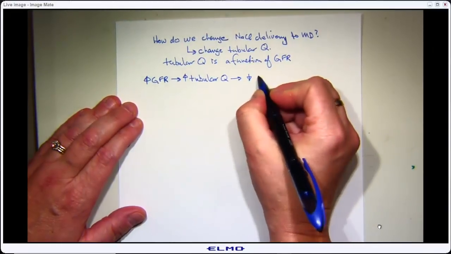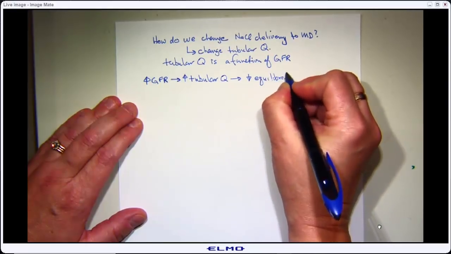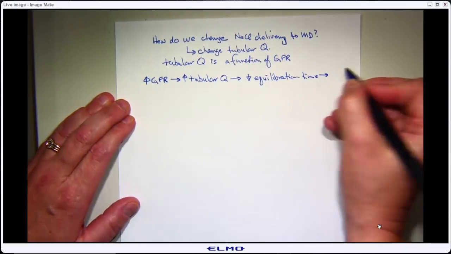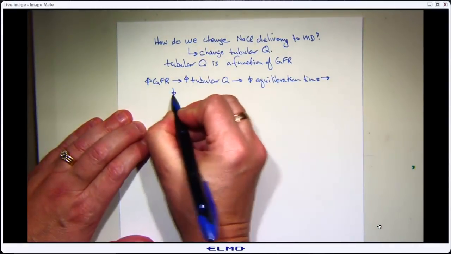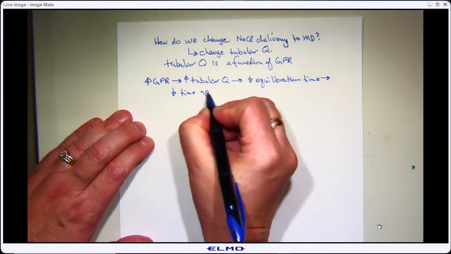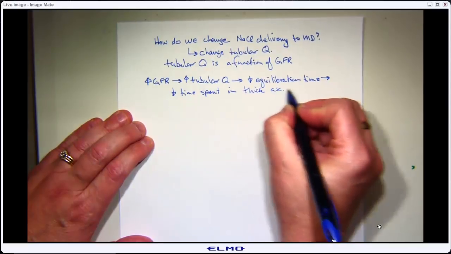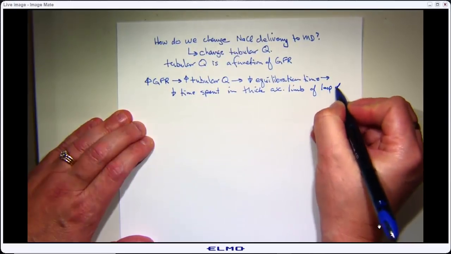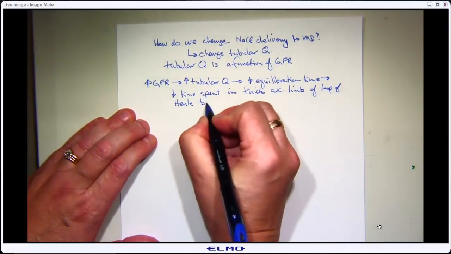And this is going to decrease my equilibration time. Especially important here is that this will decrease the time spent in the thick ascending limb of that loop of Henle. And why do we care about that?